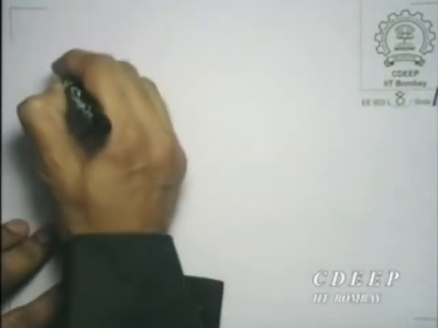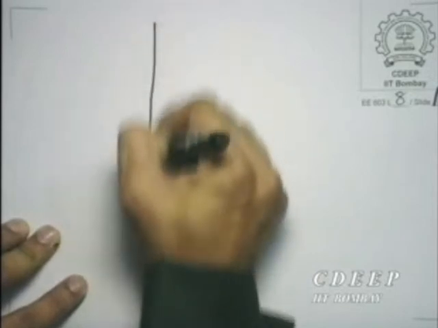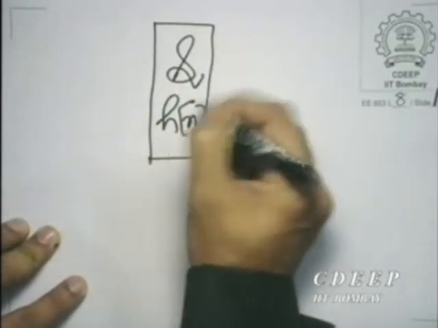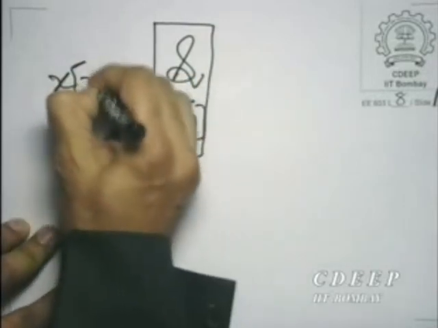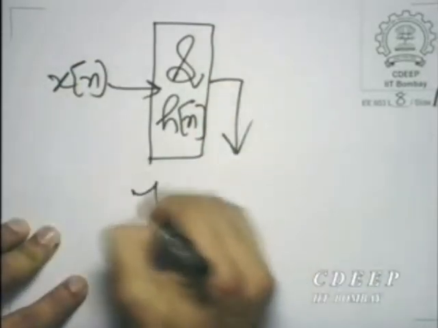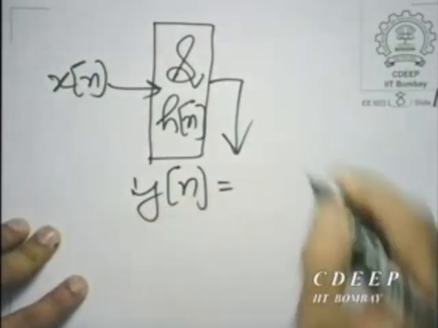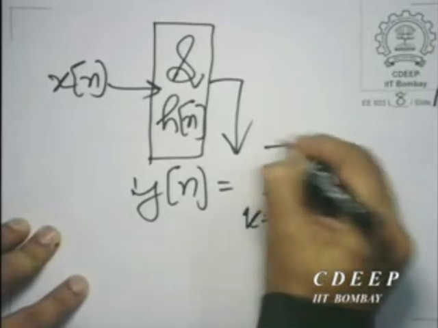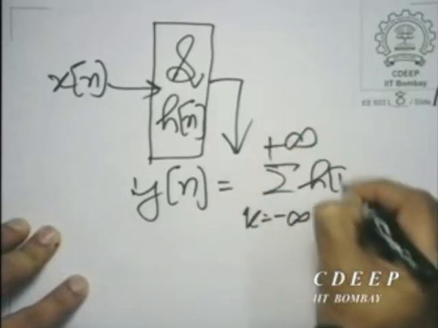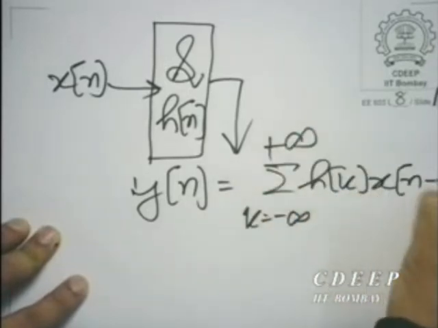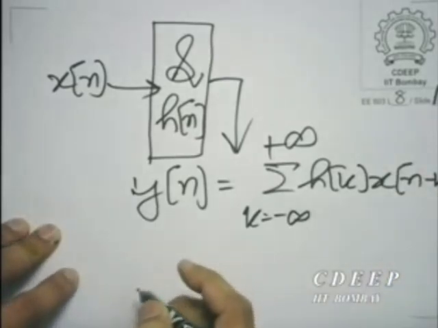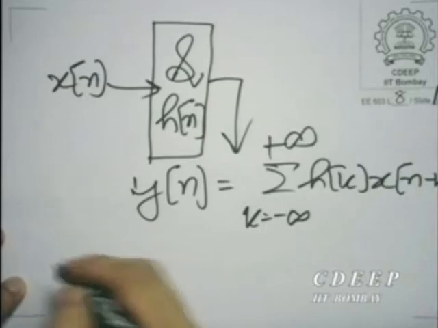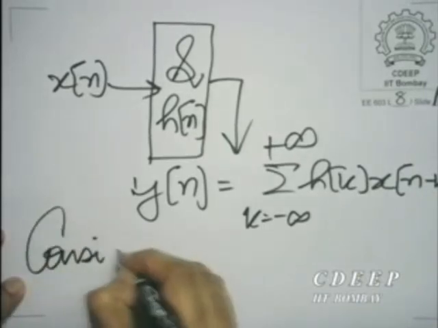We know that for an LSI system with impulse response h[n] and input x[n], the output y[n] is summation over all k of h[k] x[n minus k], or x[k] h[n minus k] as we please, and consider in particular n equal to 0.